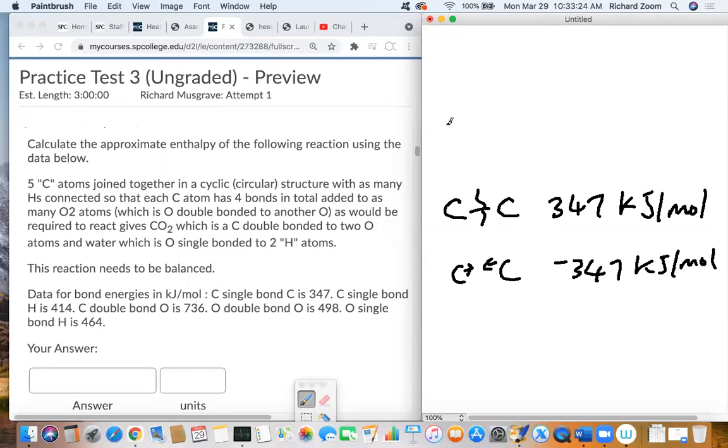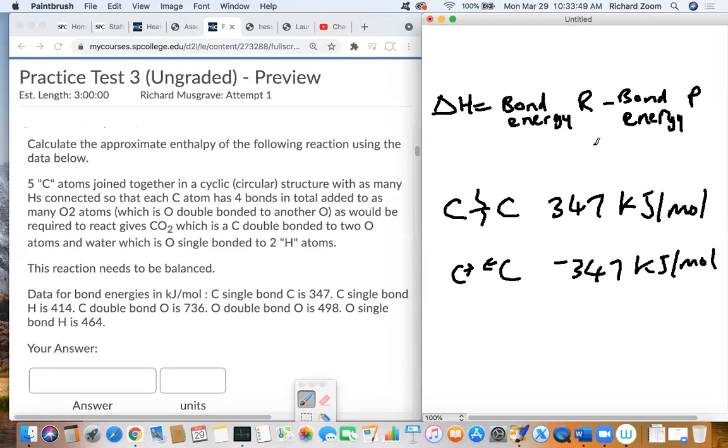Now, the formula with the bond energies is as follows. Delta H is equal to bond energies of the reactants minus the bond energy of the products. Now, you'll notice that is the opposite of the equation we just looked at, which was heats of formation.